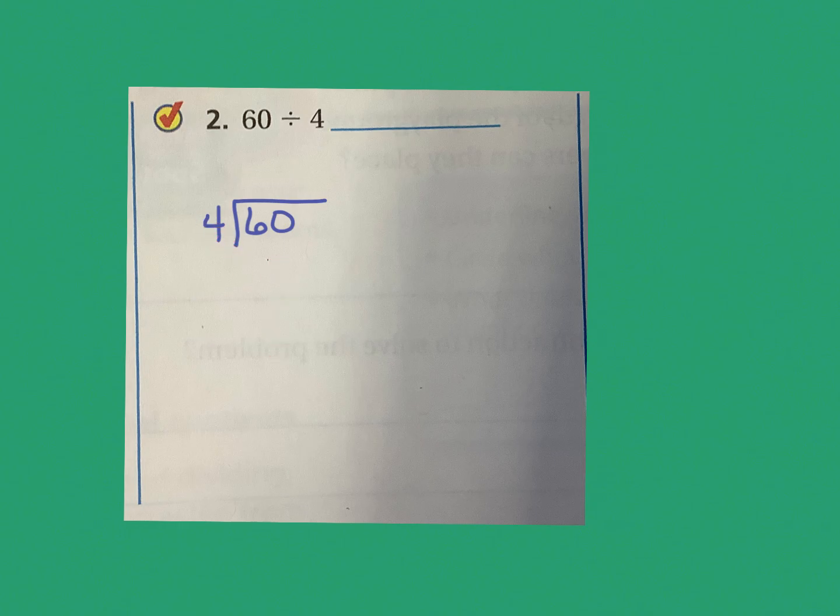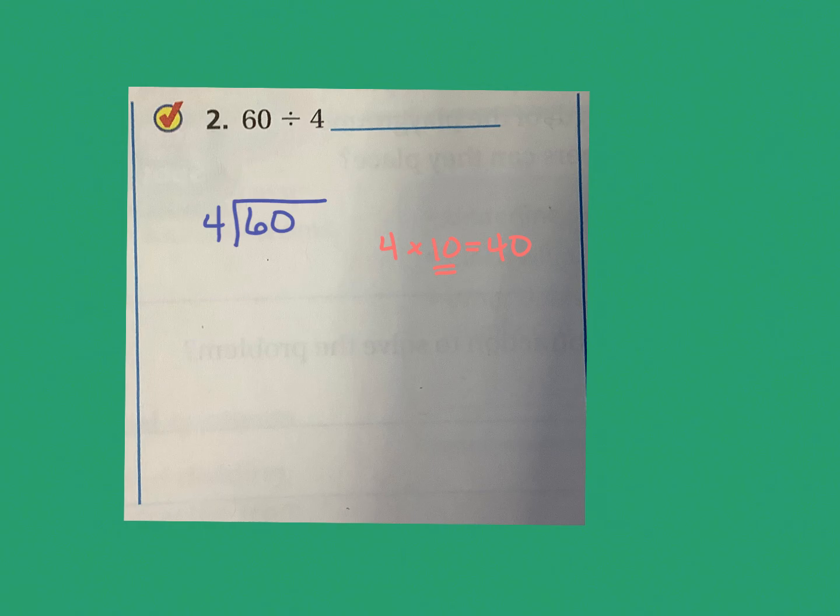But let's use a shortcut. Let's take out 10 fours, because we know 10 times 4 is 40. We know that it's so fast for us, right? So we will do 4 times 10 gives us 40. And we're using 4 because that's our divisor. We now have pulled 40 out of there.